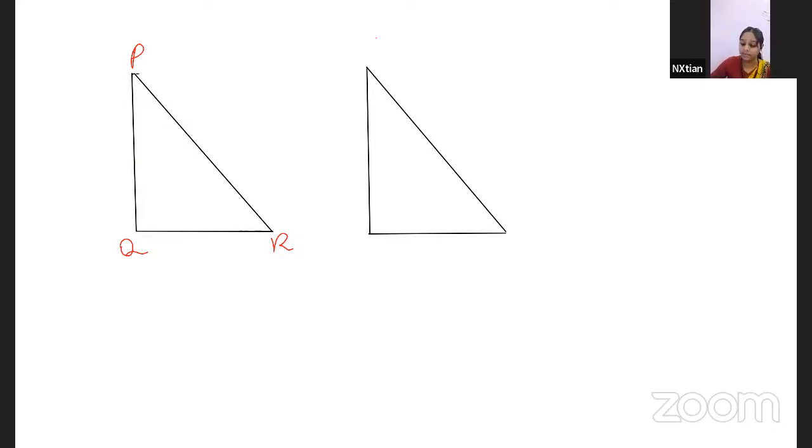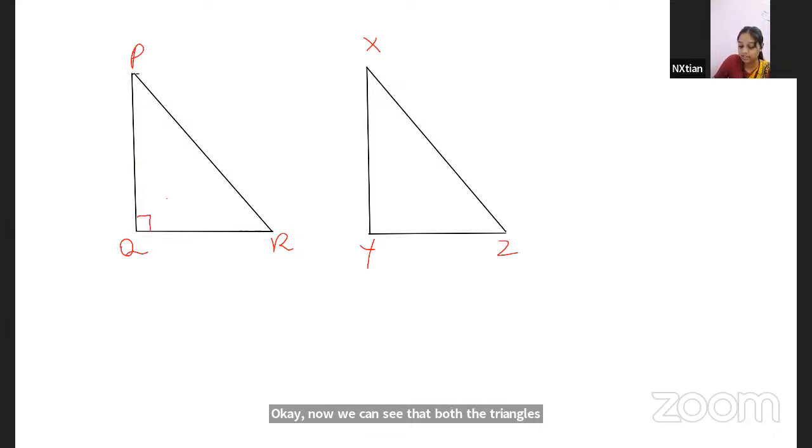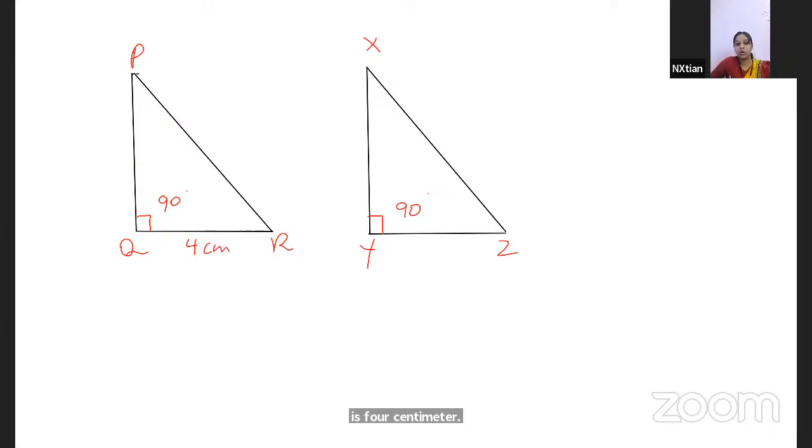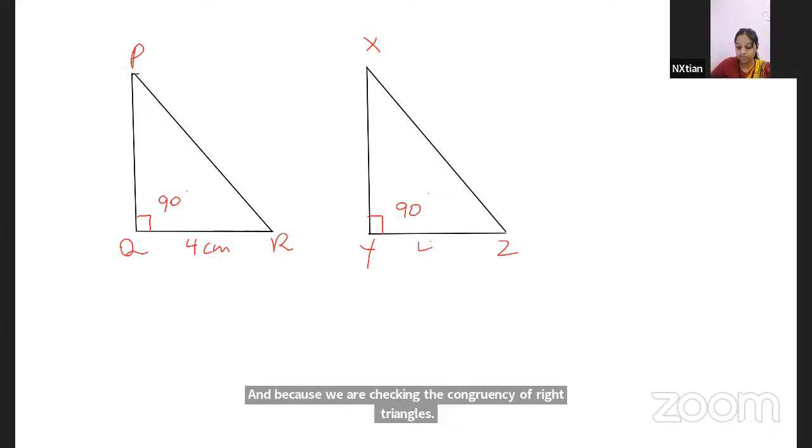This is triangle, let's say, XYZ. Now, we can see that both the triangles are right angle triangles, which means triangles in which one angle is 90 degrees. Now, I am given that the measure of QR is 4 centimeters. And because we are checking the congruency of right triangles, the measure of XY will also be 4 centimeters.